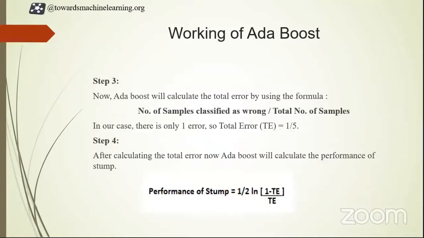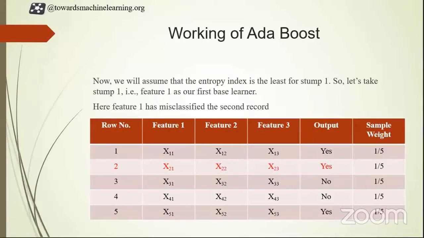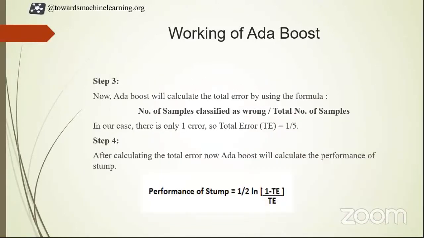Now in the next step, we will be calculating the total error. The formula for total error is the number of samples classified as wrong upon the total number of samples. In this table, we have five records, and out of five records, row number 2 is classified incorrectly. So our total error will be 1 by 5.